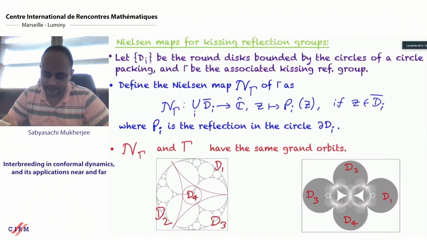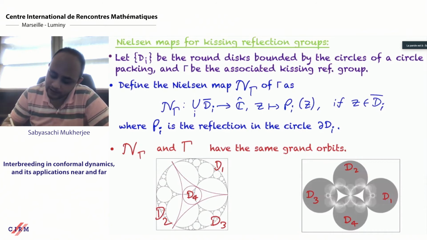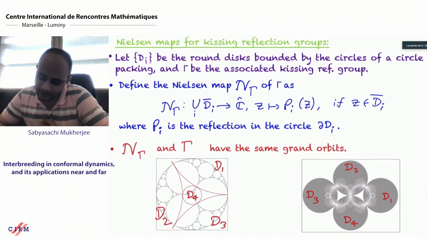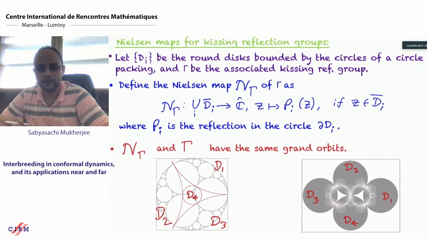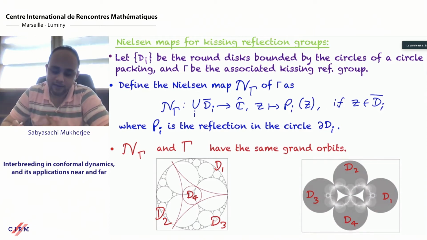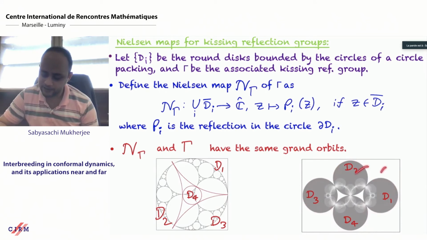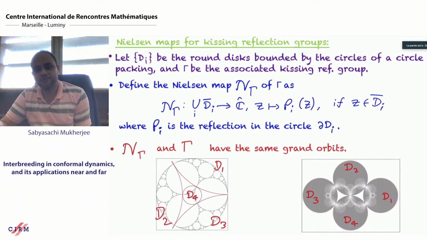And the answer really lies in the fact that since you're looking at Baire slice closure groups, what is the external map of this dynamical system? What is the external map of the Nielsen map? What's happening here is that the dynamics outside is nothing but the Nielsen map of the ideal foregone reflection group. Outside, this fundamental domain is just an ideal foregone. So if you conformally map the exterior to a disk, what you'll get is simply the Nielsen map of an ideal foregone reflection group, which in this case is an orientation reversing degree -3 covering.